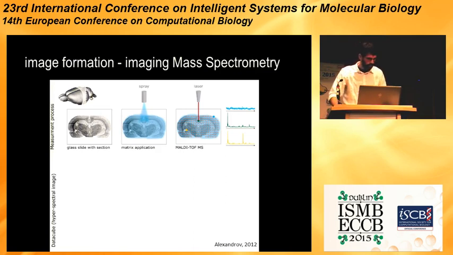Every peak within the spectrum corresponds to the abundance of a molecule of a particular mass-to-charge value. So the different peaks correspond to different chemical species, and the intensity of the peak corresponds to the amount of that species that was detected with the mass spectrometry.